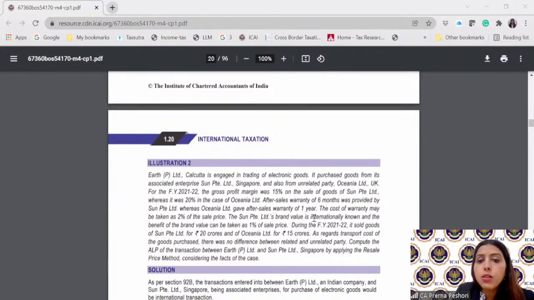After sales warranty of 6 months was provided by Sun PT, whereas Oceania gave after sales warranty of 1 year. The cost of warranty may be taken as 2% of the sale price. Sun PT's brand value is internationally known, and the benefit of the brand value can be taken as 1% of the sale price. During financial year 21-22, it sold goods of Sun PT for rupees 20 crores and of Oceania for rupees 15 crores. As regards transport cost of the goods purchased, there was no difference between related and unrelated party. Compute the ALP of the transaction between Earth and Sun PT Singapore by applying the resale price method, considering the facts of the case.